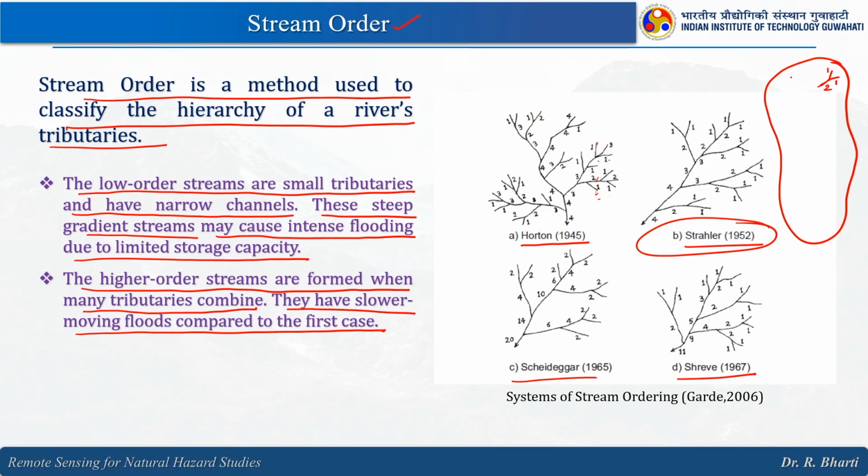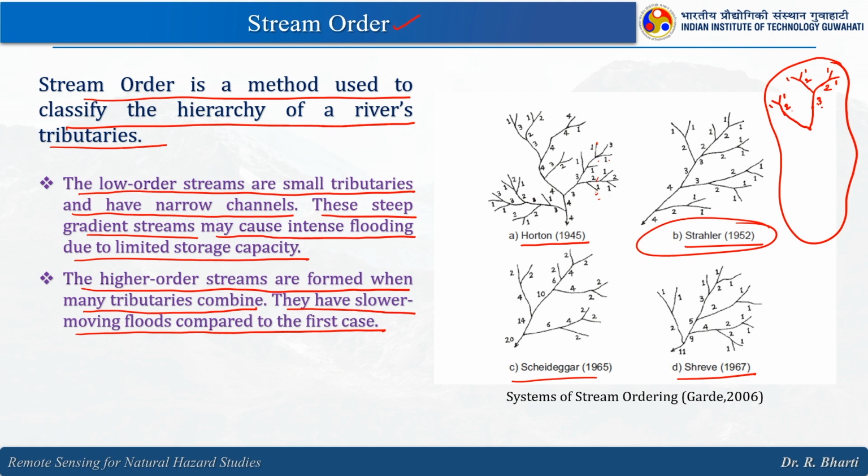Then from here also two first order are meeting and they are making this second order. Then these two second order, when they meet, they make this third order stream, right.